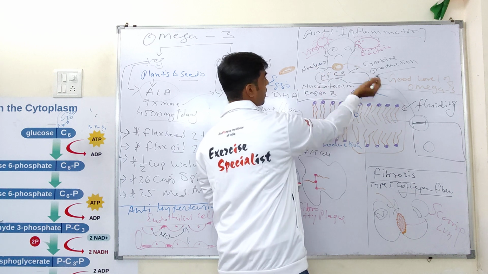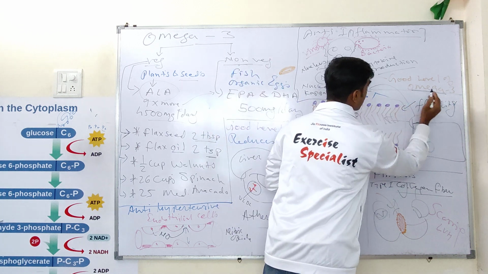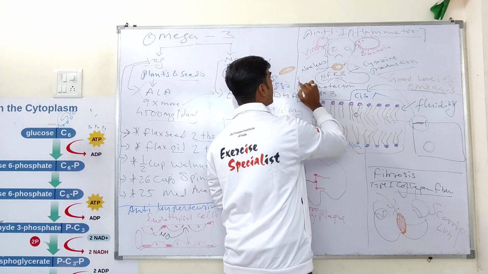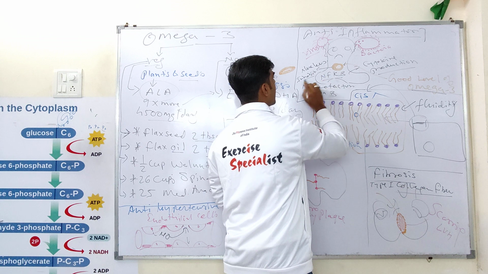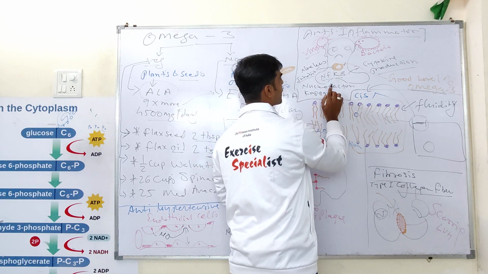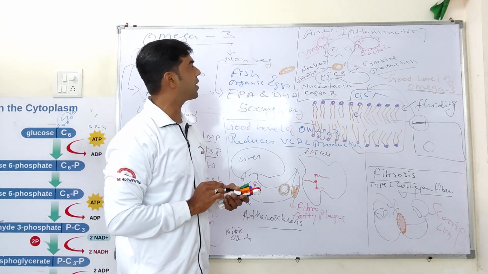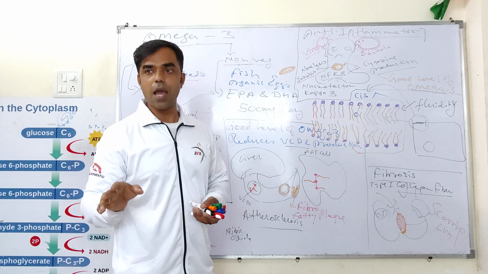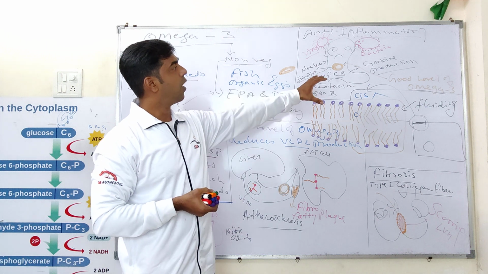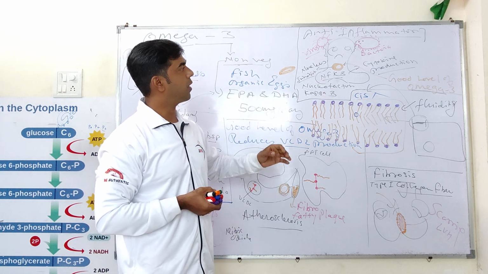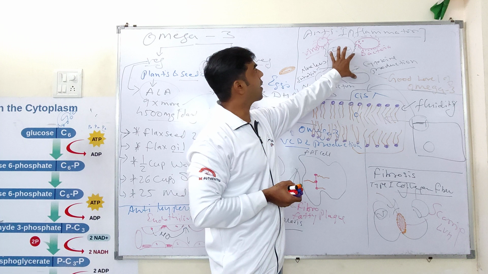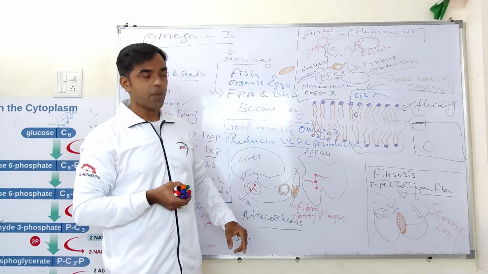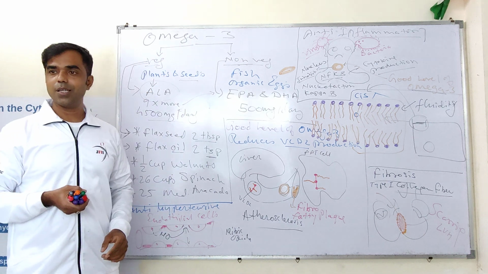So whenever there is a good level of omega-3, omega 3 will go into the nucleus and inhibit the expression of these cytokines, right? So once nuclear factor kappa B is inhibited, there is no more cytokine production and there is no more inflammation at that cell. That is called anti-inflammatory. I hope I have simplified this lecture. Thank you very much.